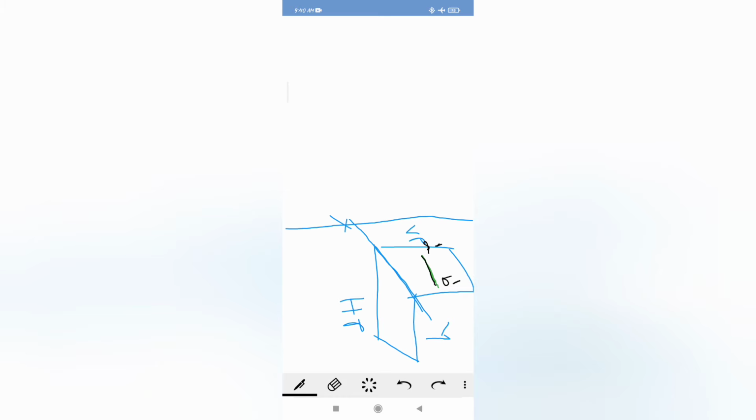If an inference distance is given, you can see this line above the reference line. Here the distance is not given. It is clearly stated that it is resting on VP. Whenever it is resting on VP, from the top view you can see the true shape on the reference line, which is represented as AB.